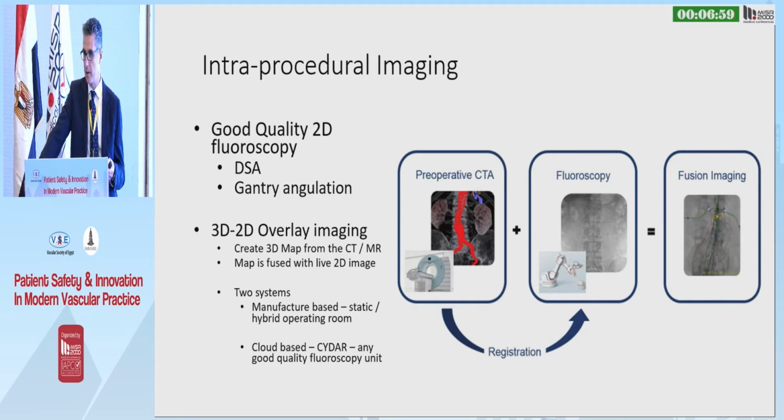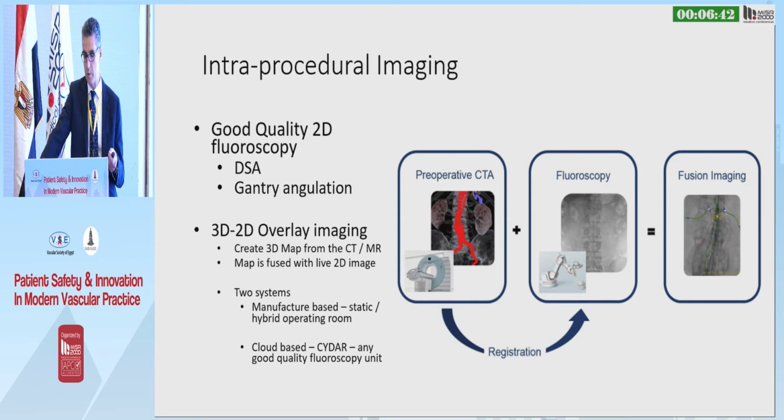It's a computation algorithm, and you create the map and then fuse it with your live image, and it gives you a 3D map while you're screening in 2D. I'll show you a picture of how it looks in a minute.